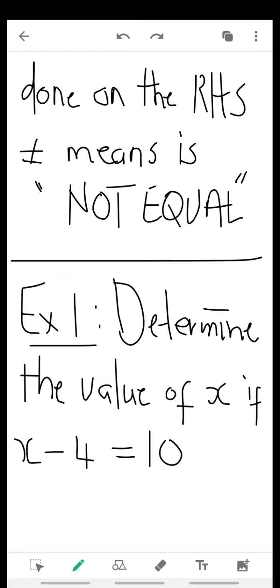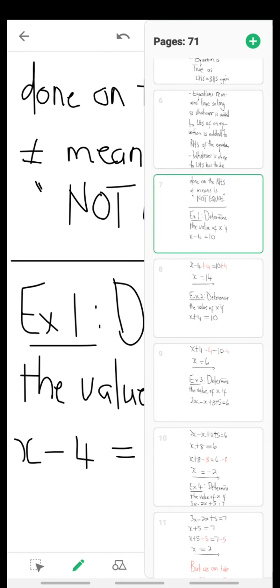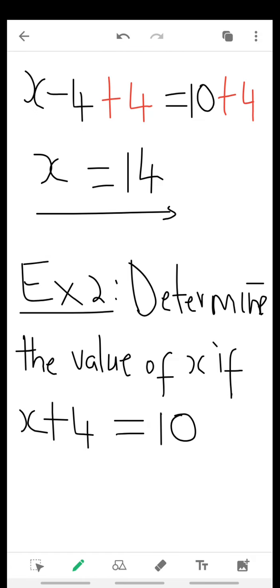What we do on the left, we do on the right. So I would add 4 on both sides, plus 4 on the left and plus 4 on the right. As a result, the minus 4 plus 4 cancel, giving us 0, and I'll be left with x. On the right-hand side, it will be 10 plus 4, which will then be 14.